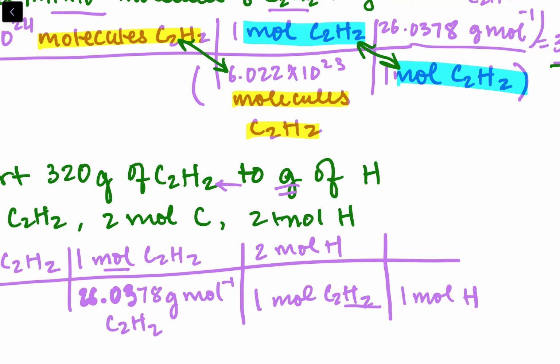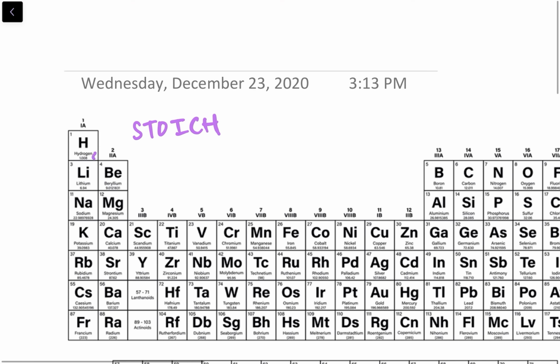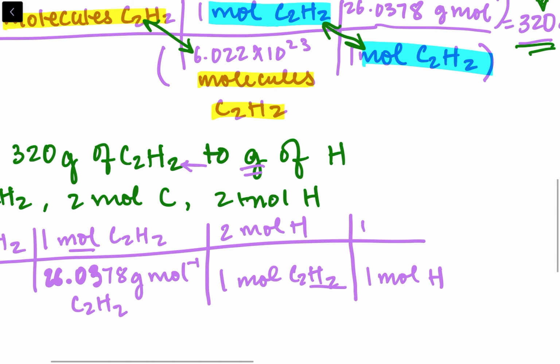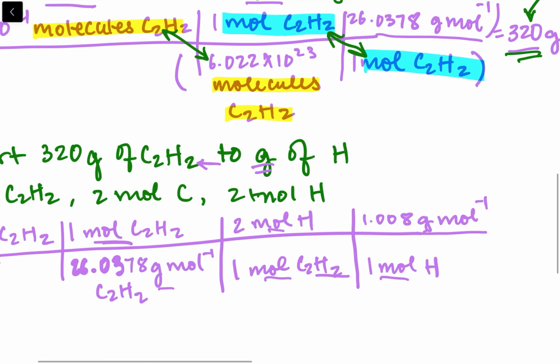So we multiply by the molar mass, which, according to our periodic table right here, is 1.008. So let's write that in. 1.008 grams per mole. Now let's go back in and see if our units actually cancel out. So grams, grams, moles, moles, mole, mole, and grams. Yeah, we want our answer to be in grams, so we got that.